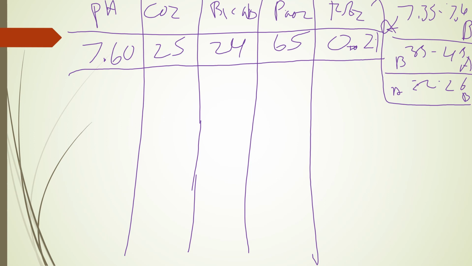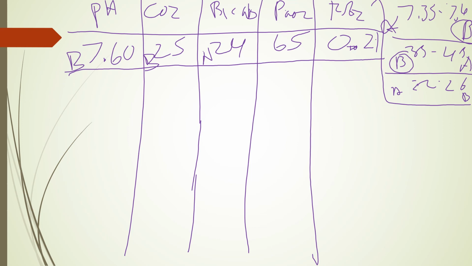Okay, pH. Is my pH normal? No, it's 7.6. So if I'm looking over here, that's basic, so I'm going to say basic. And then I'm going to move on to CO2. CO2 at 25. Is that normal? No, it's not. CO2 at 25 is basic. So I'm just going to label it basic. Bicarb 24. Normal is 22 to 26. So I'm just going to label this as normal.